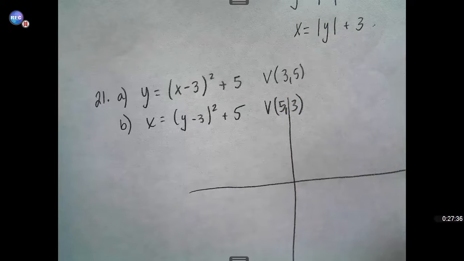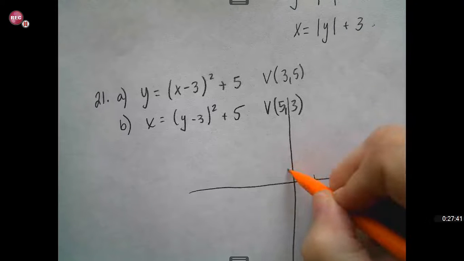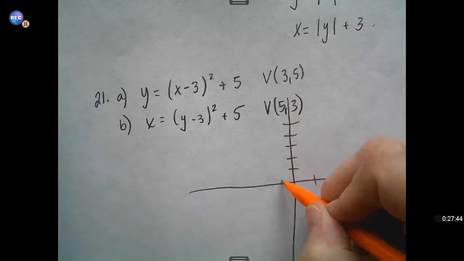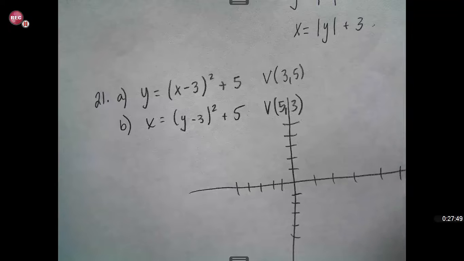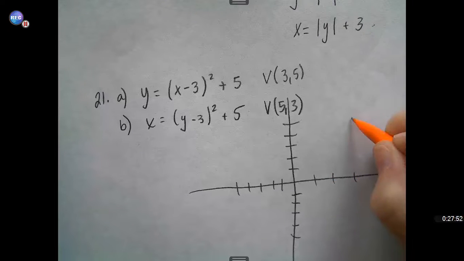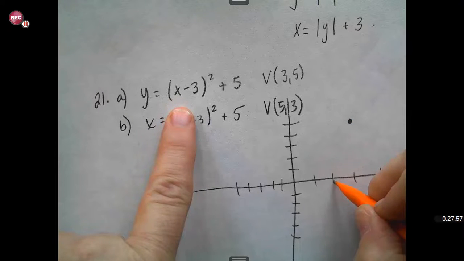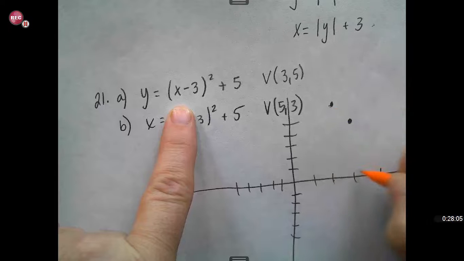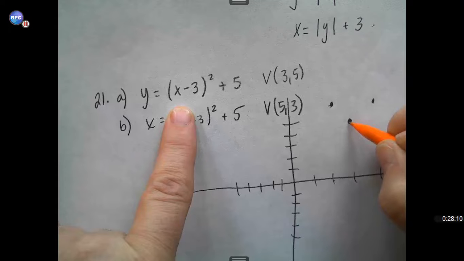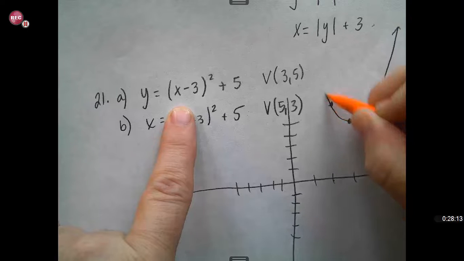Sorry. So 3, 5 is the vertex of the original one. If I plug in 2 up here, I get 1 plus 5, I get 6. 2, 6 is a point, and that means that 4, 6 is a point. Okay. There's a parabola, so it's curved at that bottom, right?